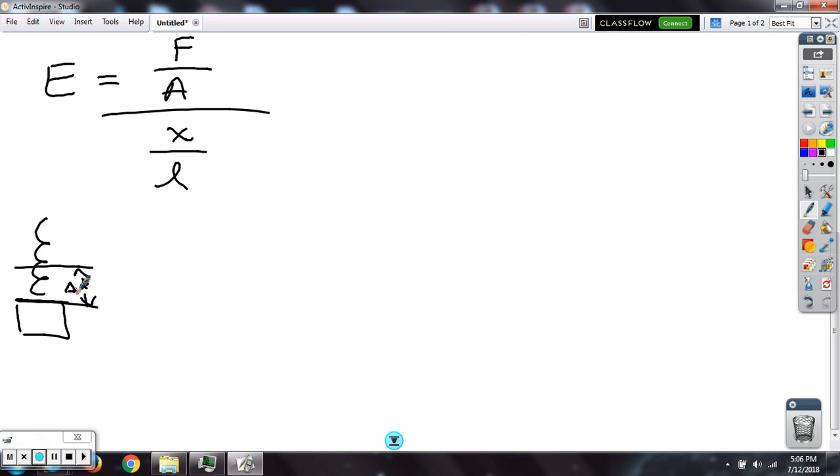And even though this extension happens in the y direction for this example, we might still call it X, because X is just short for extension. But it says now to graph on the x-axis force and on the y-axis the extension. So I'm going to graph extension on the y, force on the x.